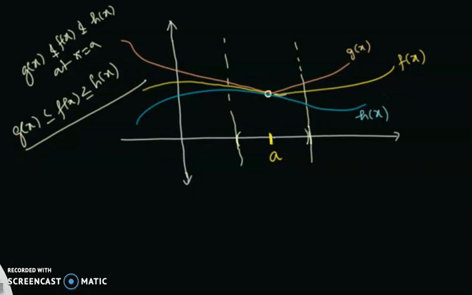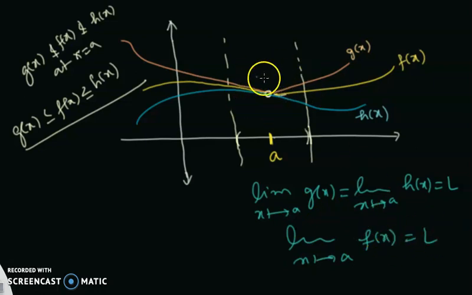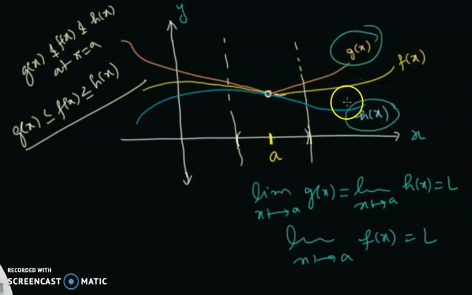The limit of f is going to be whatever the limit of h and g is. So if the limit as x goes to a of g of x equals the limit as x goes to a of h of x, which is L, then the limit of f is also going to be equal to L, which you can see from this rough sketch. That's my y and that's my x. If f is between two functions and the limit of these functions h and g exists, then the limit of f follows.